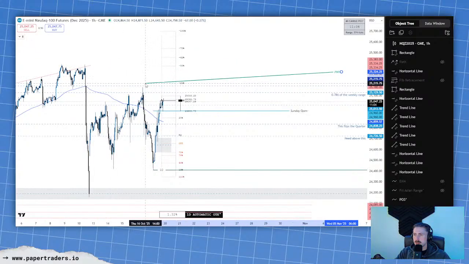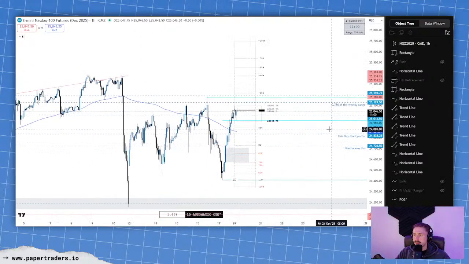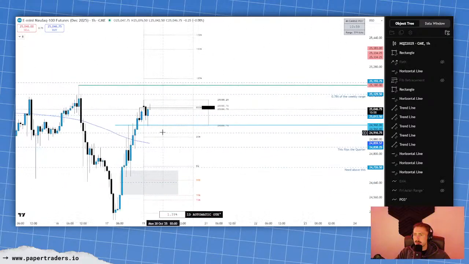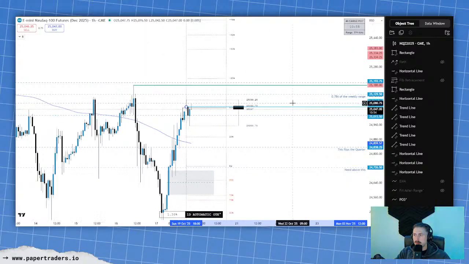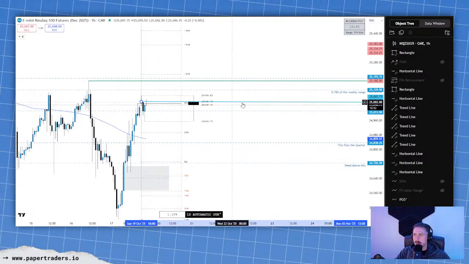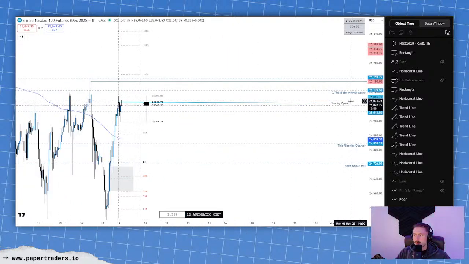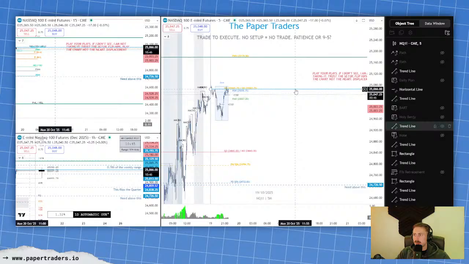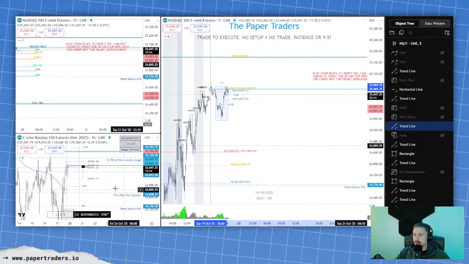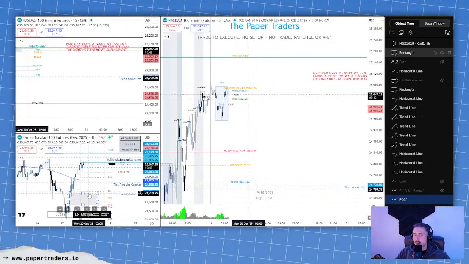And yeah, all levels are still valid. There's nothing that's been validated. Sunday open, or is that going to be right? No, that's going to be right there. 25,065.75. That's what I got on NQ.